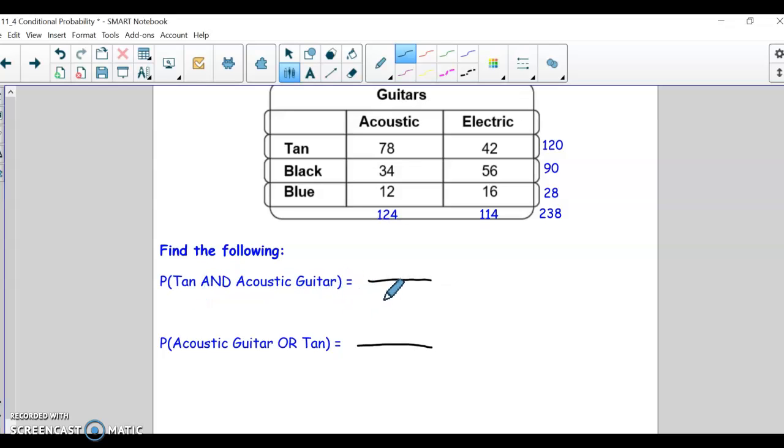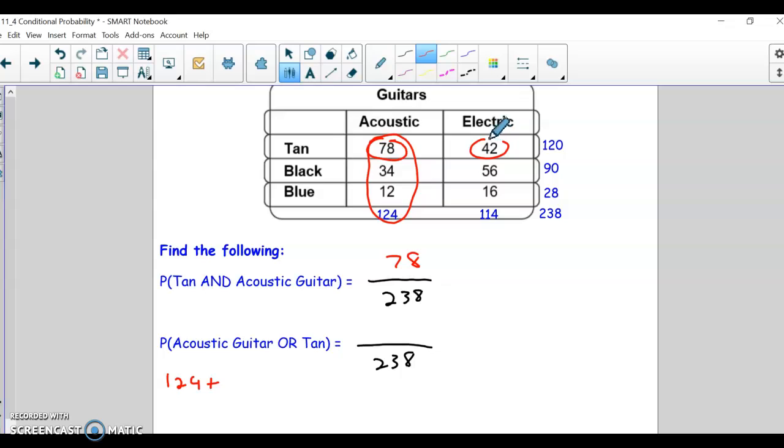Okay, so on an and or, since it's not given that, we're looking at all the guitars this time. The ones that are tan and acoustic are right there. So our probability of tan and acoustic is just 78 out of 238 total guitars. Acoustic or tan would be all of these acoustic ones, so that's 124, plus all the tan ones, but I'm not going to count the 78 because I already counted it in my acoustic.